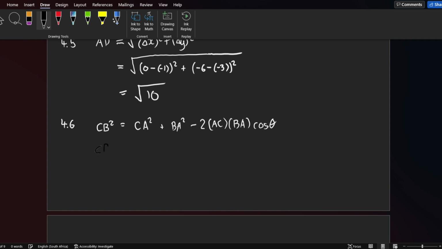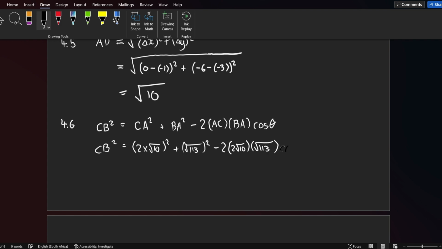So CB squared is equal to CA squared. We know CA is twice AD, and that will be (2 times the root of 10) squared plus BA squared, which they gave us as (the root of 113) squared, minus 2 times AC, which is again 2 times the root of 10, times BA, which is the root of 113.